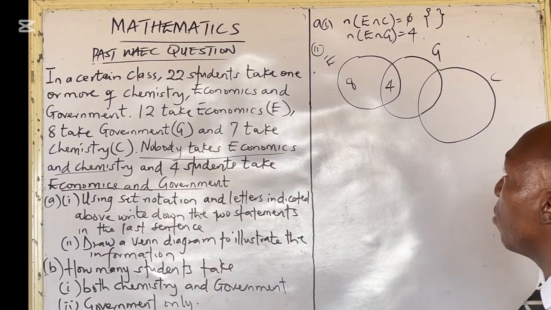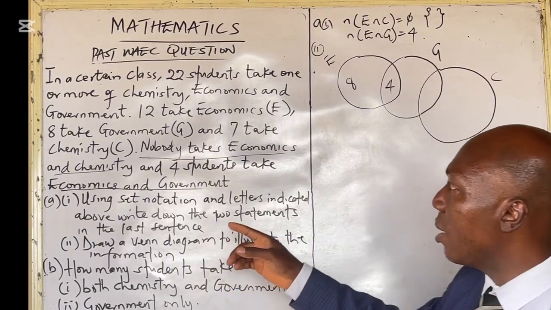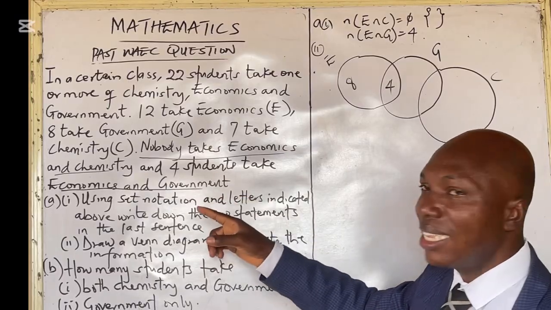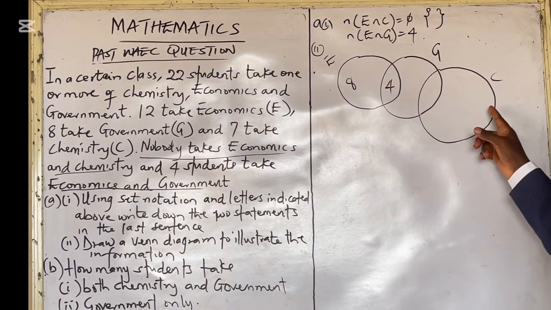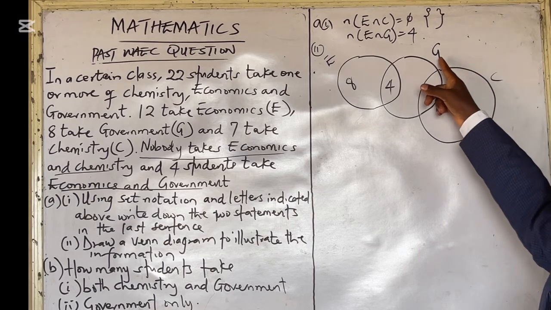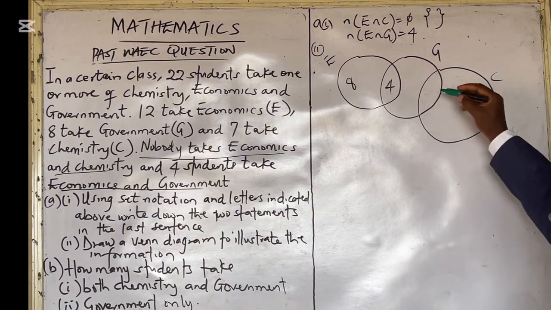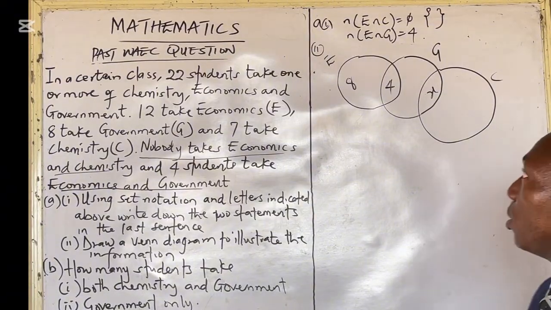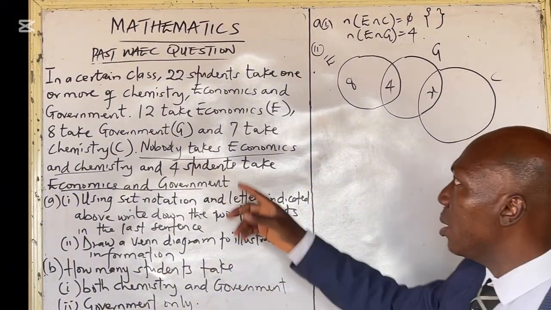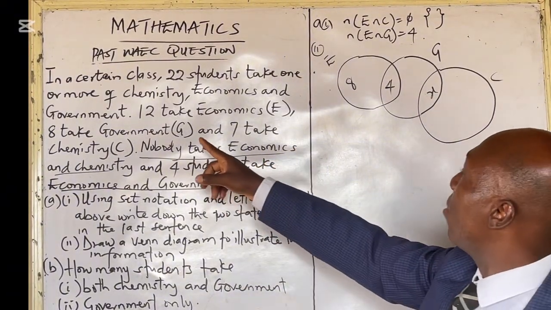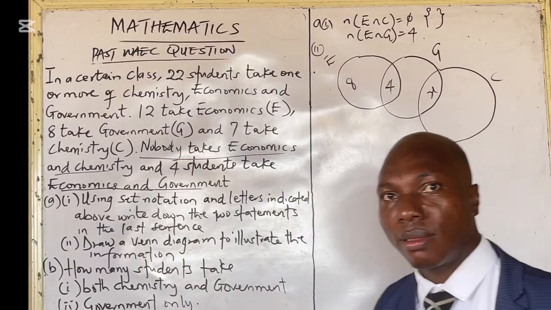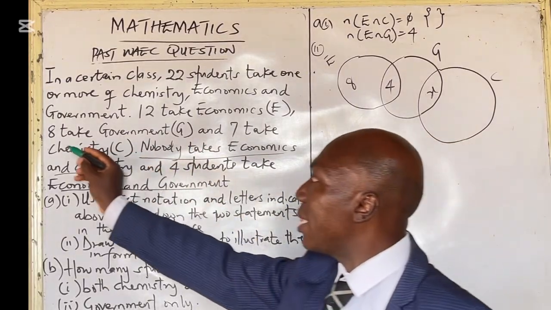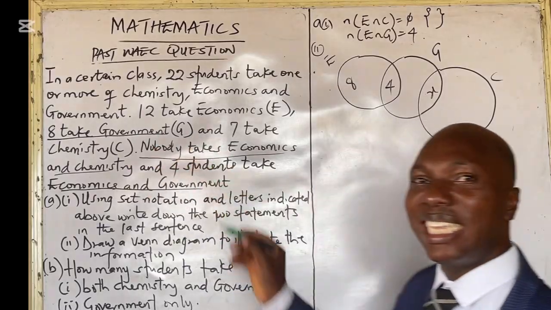So what we do now is say first, let the total number of students that take government and chemistry be x. And we know that the total number that takes government is 8.